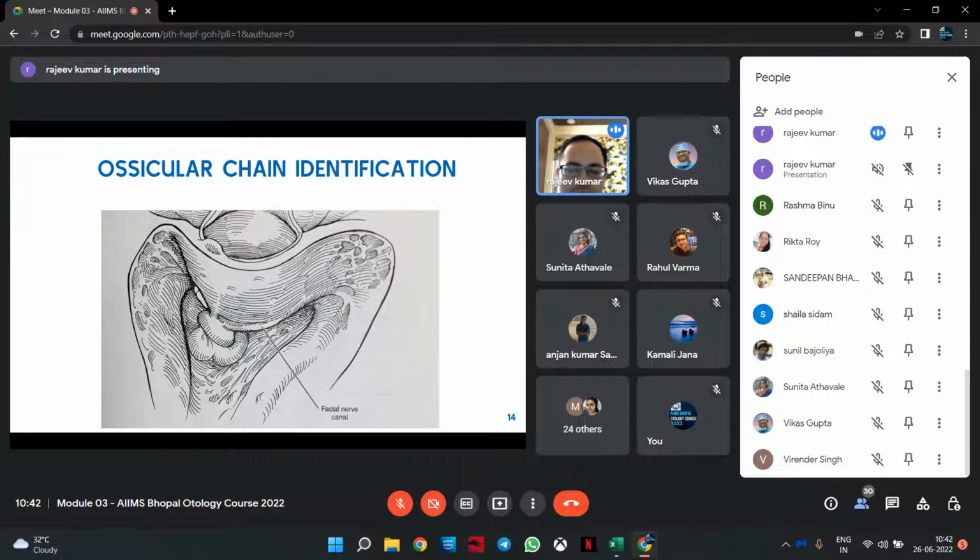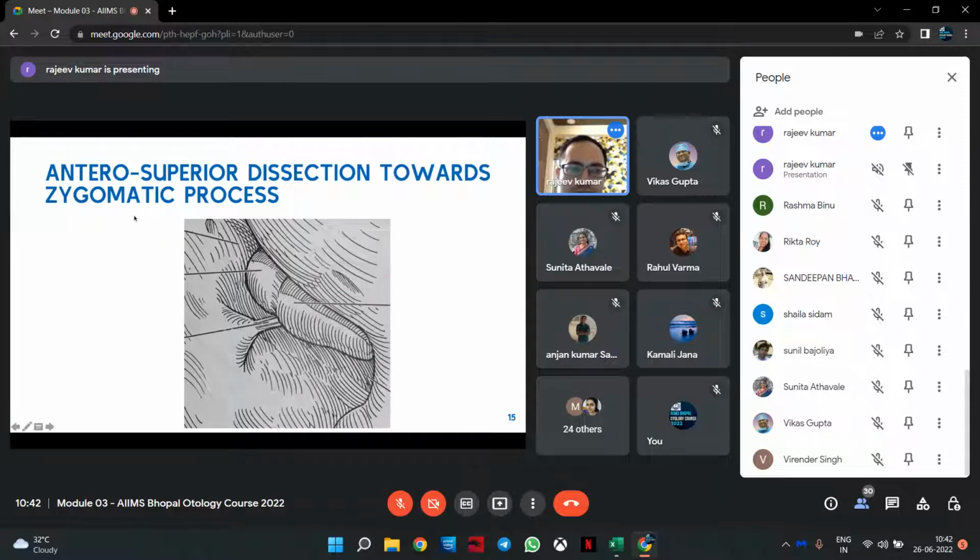That is very important. This is a zoom view of the dissection. Now you can see this is a suspensory ligament, as ma'am was telling, ligaments and mucosal folds. This is the head of the malleus, and this is the body of the incus along with the short process. So anterior superior dissection towards the zygomatic process will lead you to the aditus cum attic.